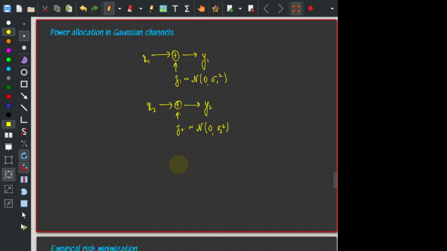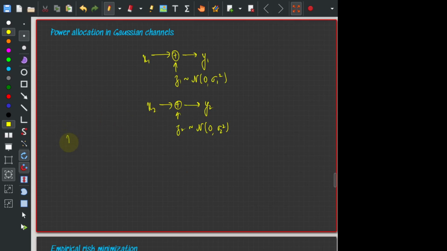Let's not bother about how this comes about, but let's say that someone gives you this abstract thing, which is like a black box. You have these multiple channels and your goal is to transmit data across them. Now I have a total power budget.